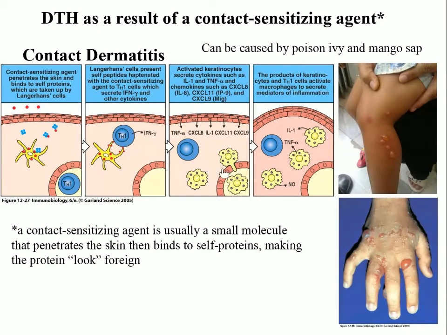Here, in addition to the leakage of the capillaries and recruitment of macrophages and fluids for the induration to happen, they also stimulate the keratinocyte. Keratinocyte, it's also considered part of the skin immune system. They participate, they secrete cytokines, and that will even aggravate the itching in the skin, because this is the outer layer.